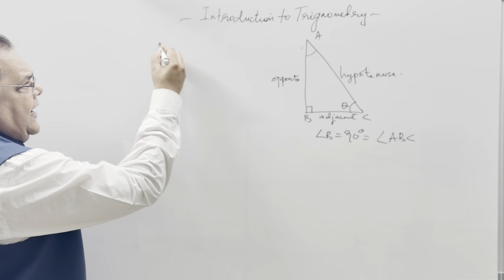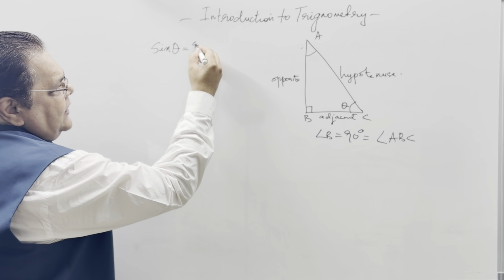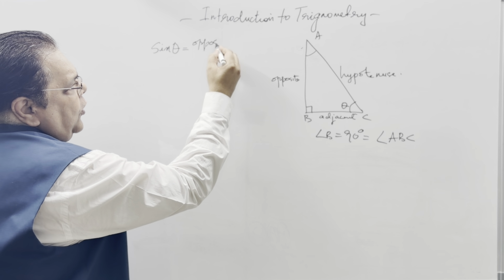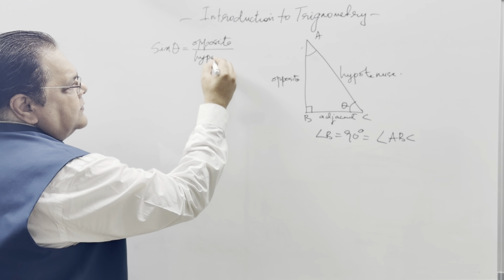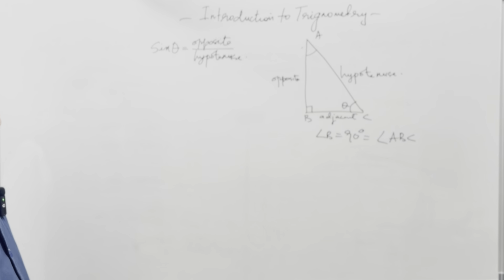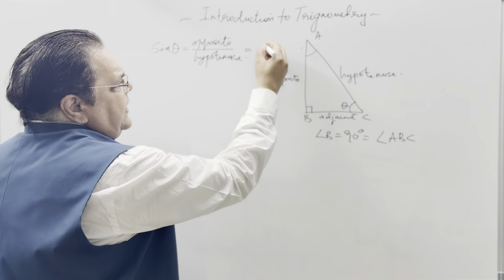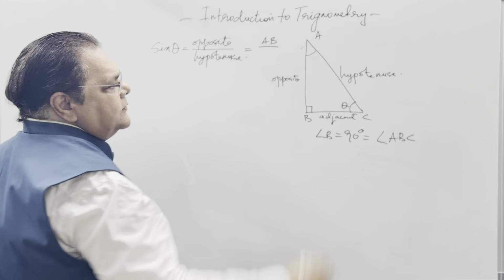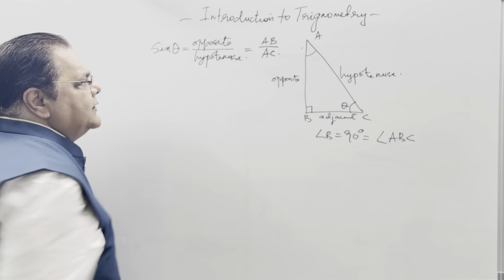So we can write sine theta is equal to opposite by hypotenuse, which is equal to, opposite is AB and hypotenuse is AC, correct?